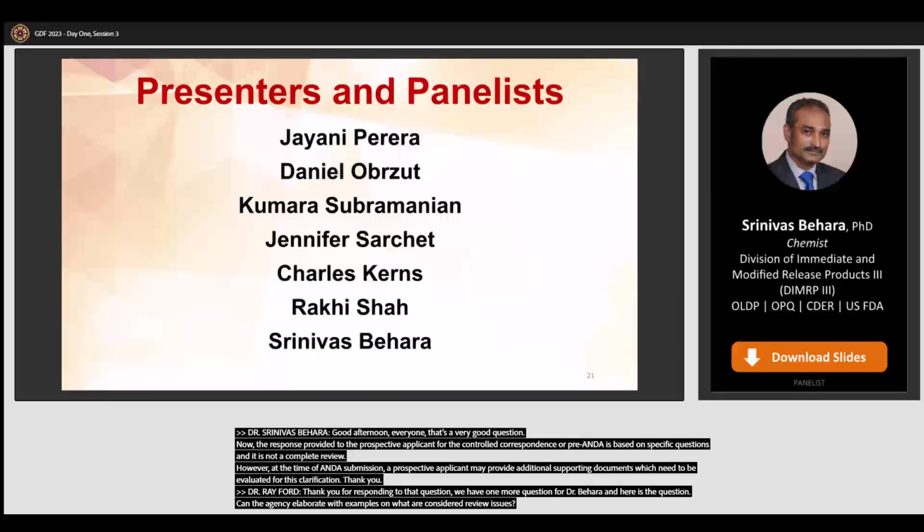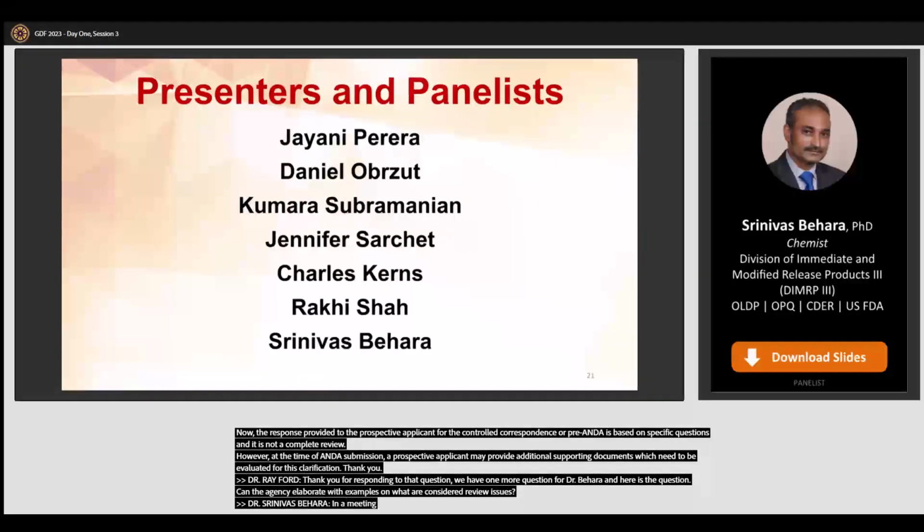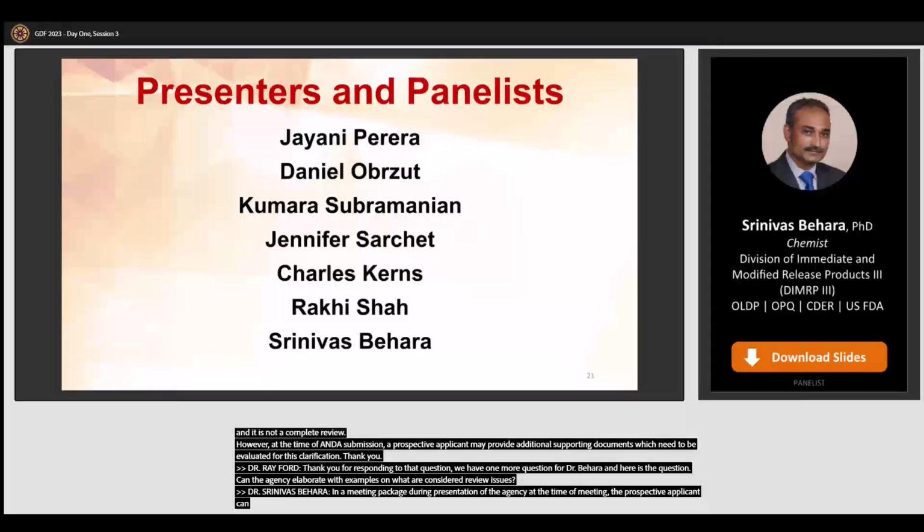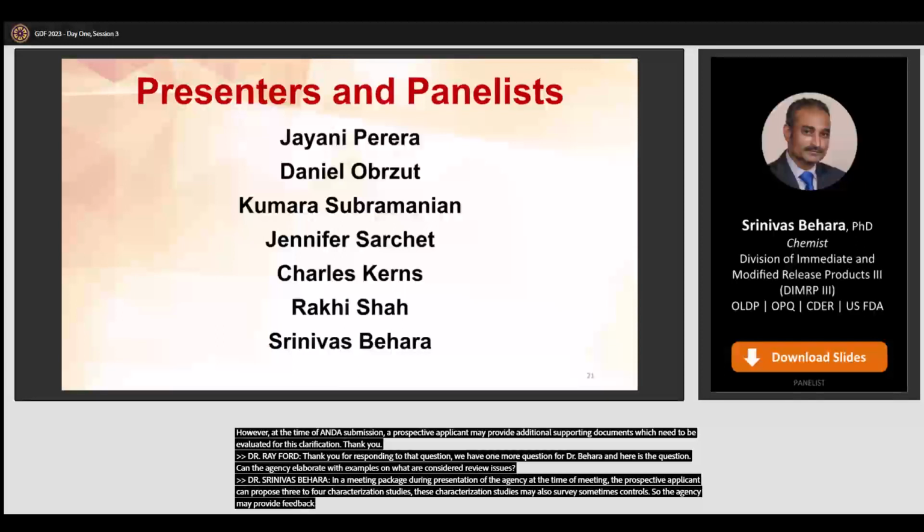In a meeting package or during presentation to the agency at the time of meeting, the prospective applicant may propose 3 to 4 characterization studies. These characterization studies may also serve as sometimes drug product controls. So the agency may provide feedback on the studies, but the control limit will certainly be a review issue.